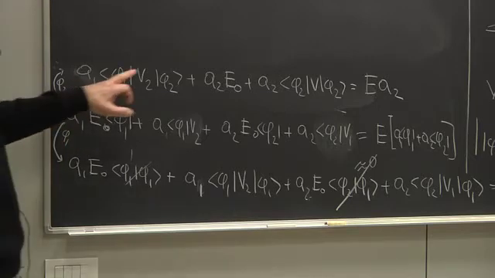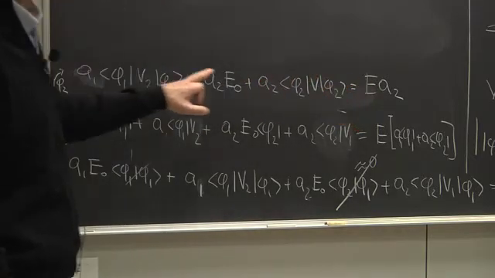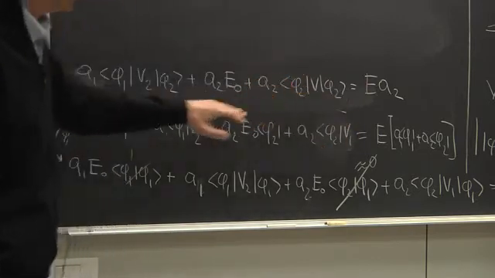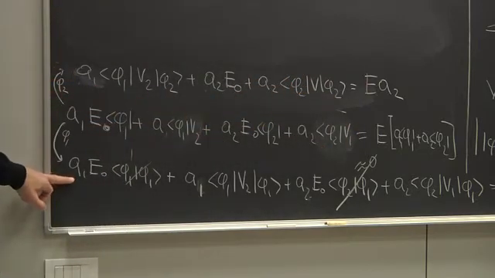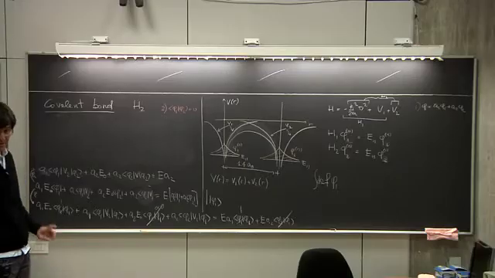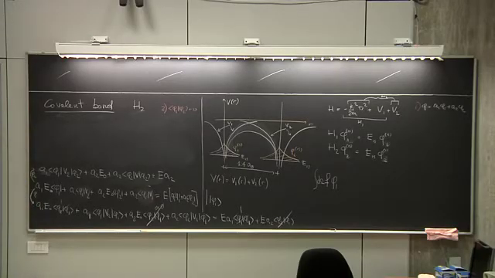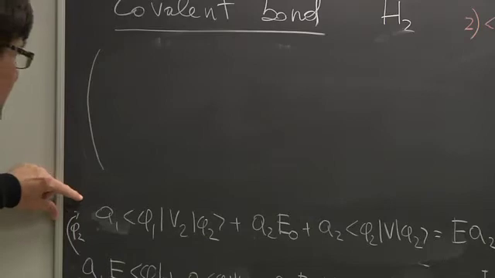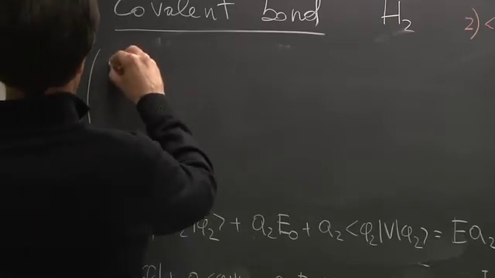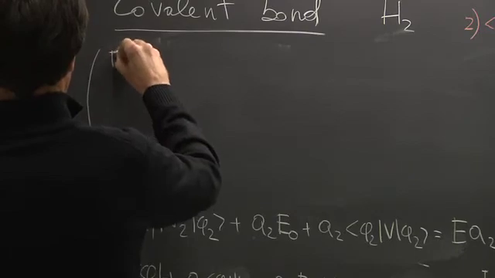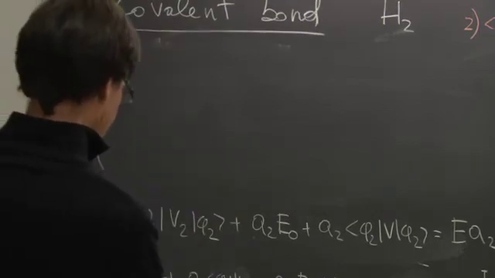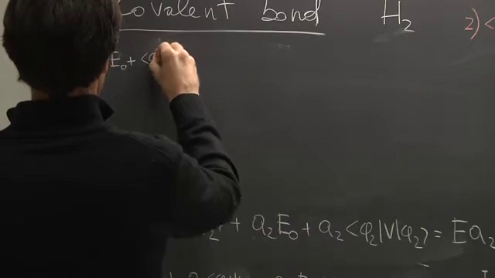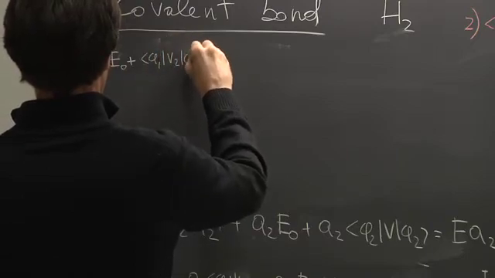These are actually linear equations in my unknowns. A1, A2, and E appear both here and here in a linear fashion. So let me write them in matrix form. I'll first write it as a matrix, and then you'll recognize that I'm writing exactly the same thing. Here, plus phi 1 V2 phi 1.